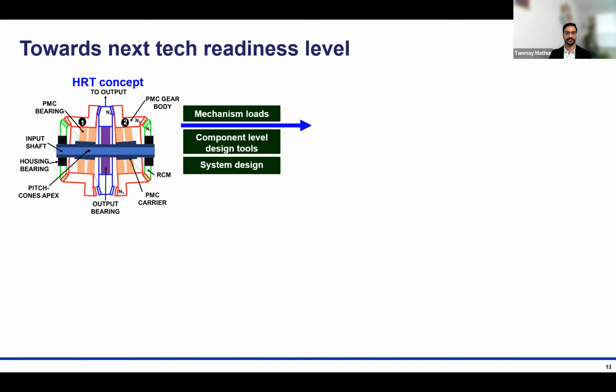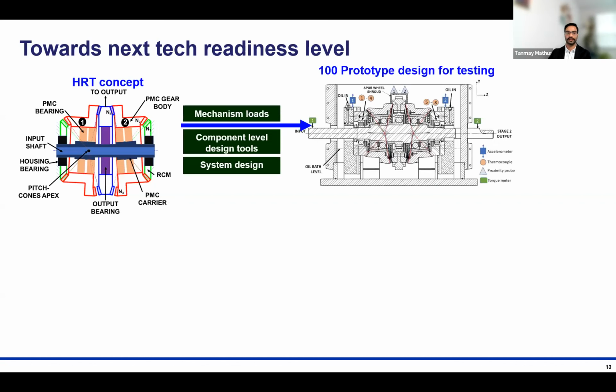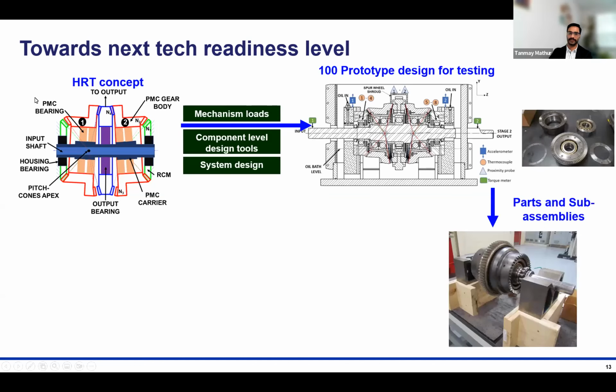So with this framework, we were able to mature this HRT concept into a 100 horsepower prototype that was designed for testing. These pictures here show the components and sub-assemblies as they were manufactured.